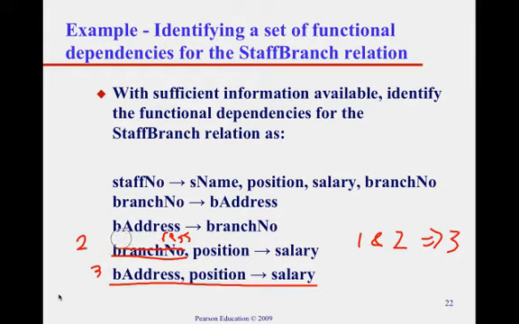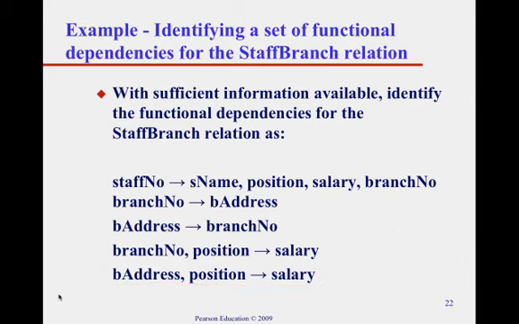Okay, so at any rate, once you have your functional dependencies, now you're ready to go on to step number 2, and that is to identify your keys. Again, keys need to uniquely identify all attributes in a relation.